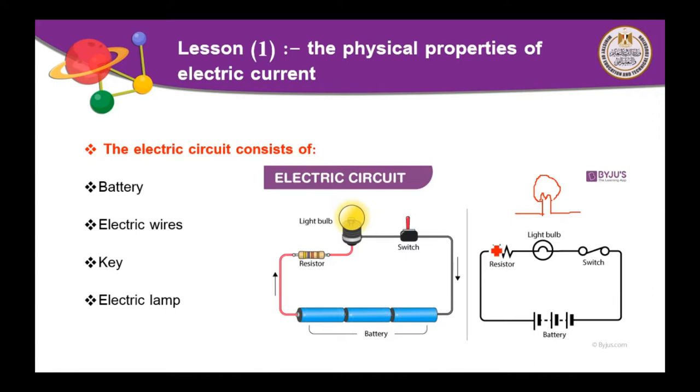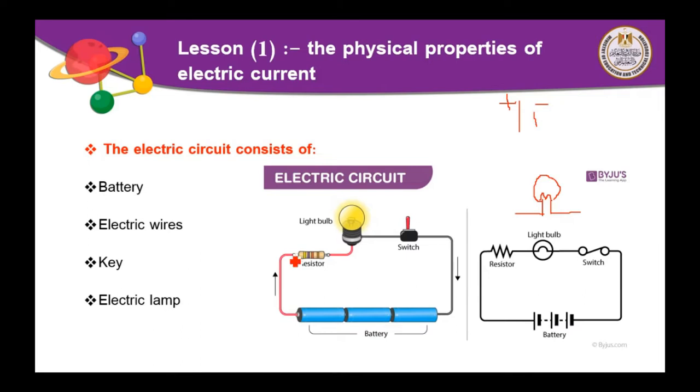Okay. The battery can be represented by two straight lines. One of them is short and the other is tall. The short one represents the negative pole. The tall one represents the positive pole of the battery as shown in the figure.